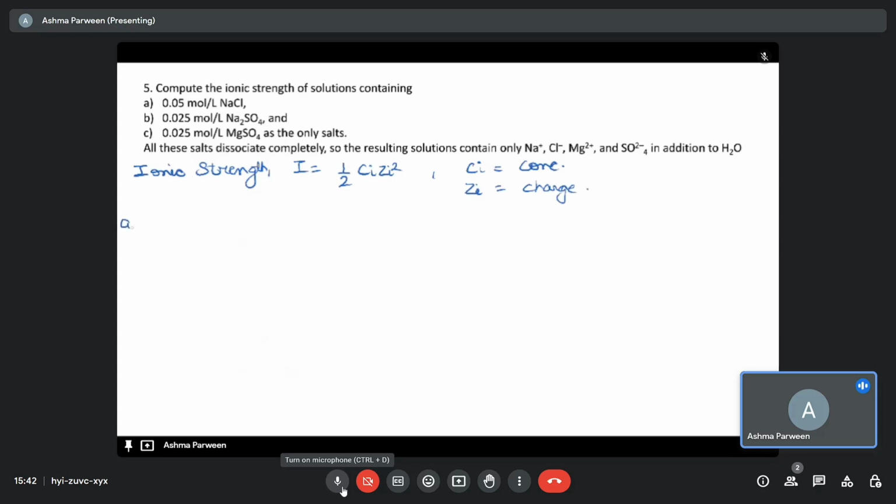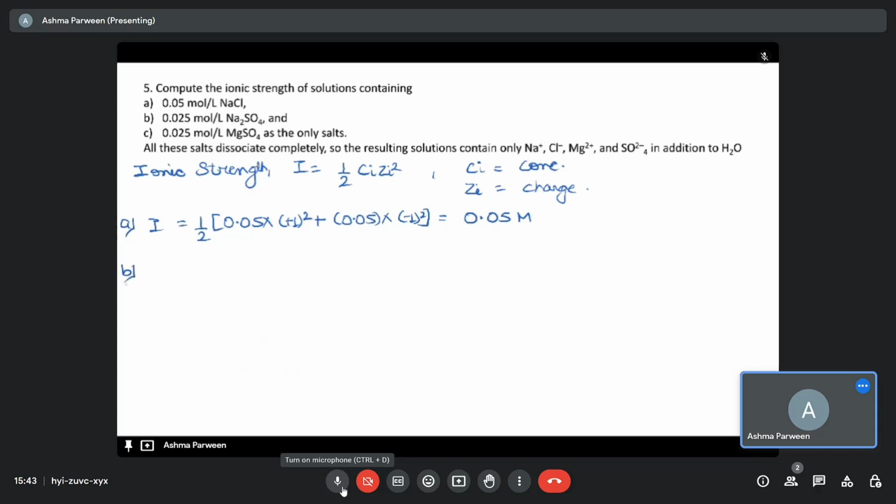So let's find out for 0.05 moles per liter of NaCl. So ionic strength will be half, concentration of Na will be 0.05 into charge 1 plus square, again Cl will be 0.05 into minus 1 square. So after solving this, we will get the ionic strength as 0.05 m.